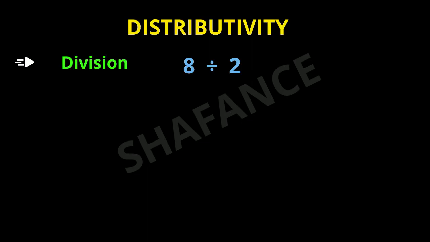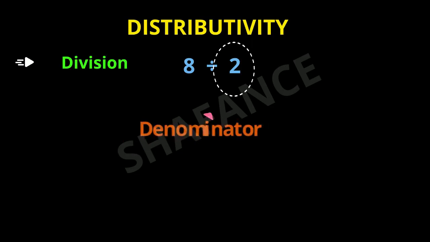Now we will see whether the distributive property applies if we expand and split the number 2 over here. The number 2 is dividing the number 8. The 2 is called denominator, or the number which the numerator is being divided by. So what if we split 2?